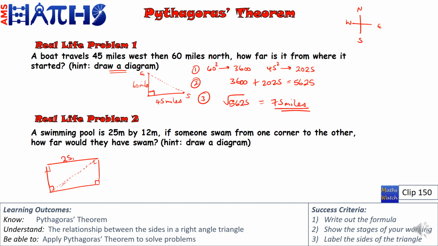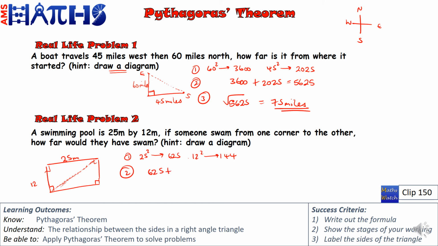The length is 25 meters, the width is 12. So again, if we're finding this length, it is our hypotenuse or longest side. So we will square 25, which gives us 625, and we need to square 12, which is 144. Step 2, we add them as we're looking for the longest side.